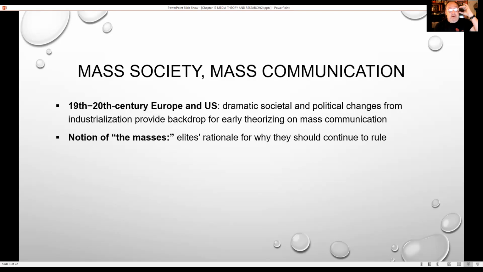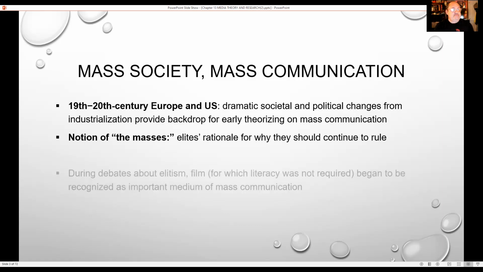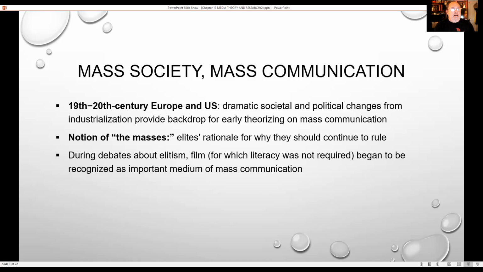We're seeing some of that right now. This idea of any kind of voter change or suppression, or any kind of we need to be the ones in charge, not the other people, is a little bit of this. During debates about elitism, film, for which literacy was not required, began to be recognized as an important medium of mass communications.